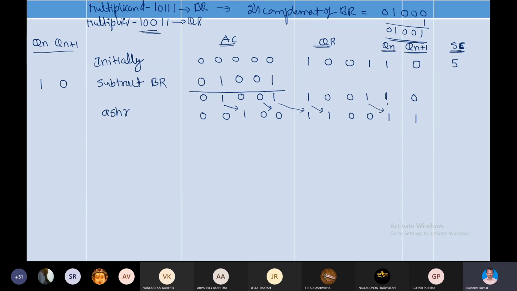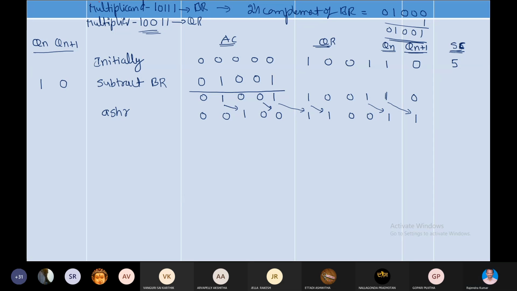And now Qn plus 1 becomes the previous Qn. Now accumulator contents are 00100. Now QR contains 11001.